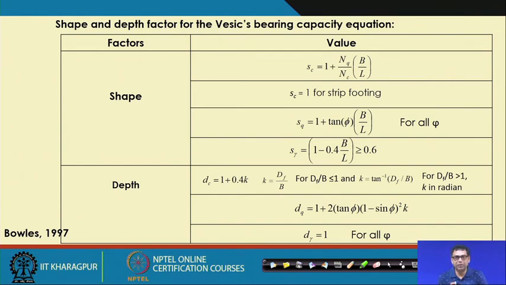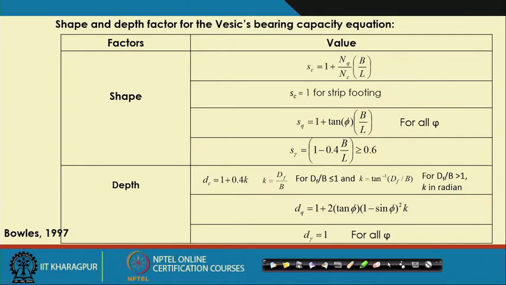The recommendation is that in both cases we use the actual dimensions, that means B and L. Only when it is inclined loading will the effective area concept come, otherwise you have to use B and L. In Hansen, in the shape factor you use the effective dimension, but in Weissig's case, in the shape factor also we use the actual dimensions B and L.